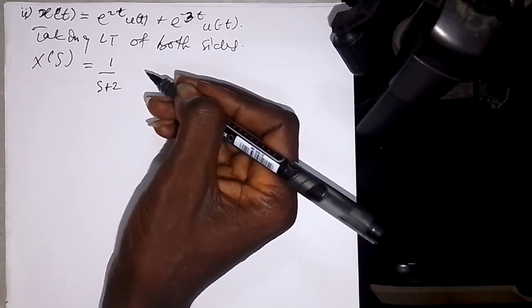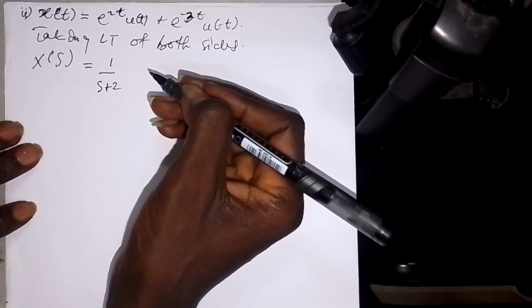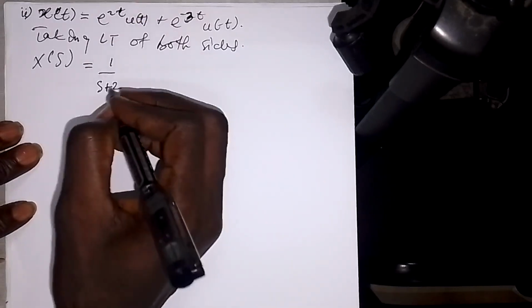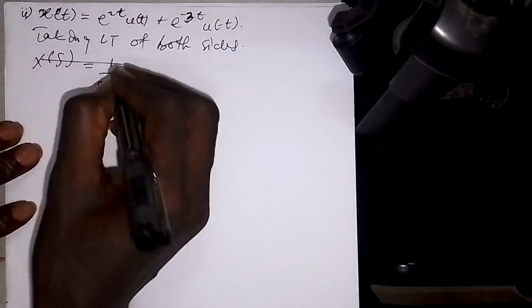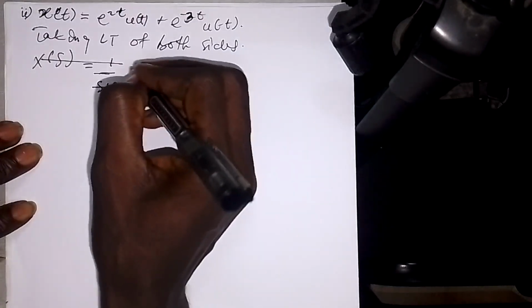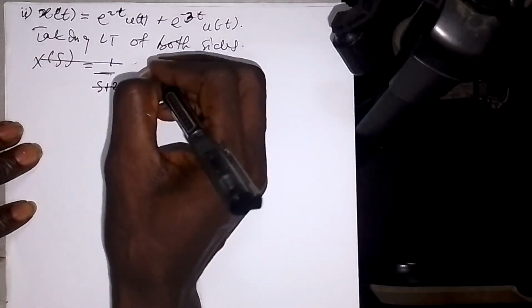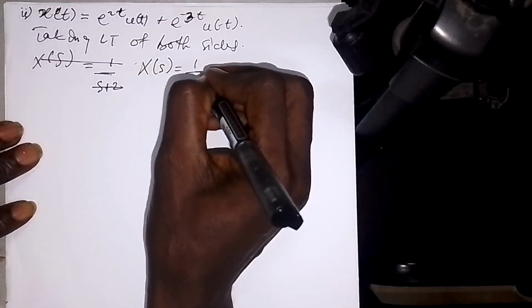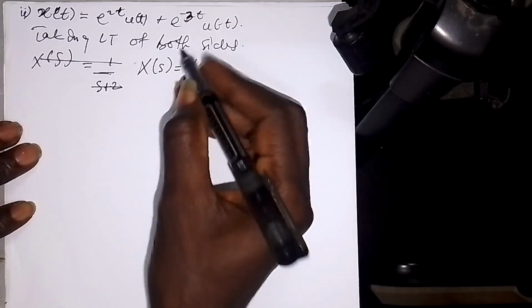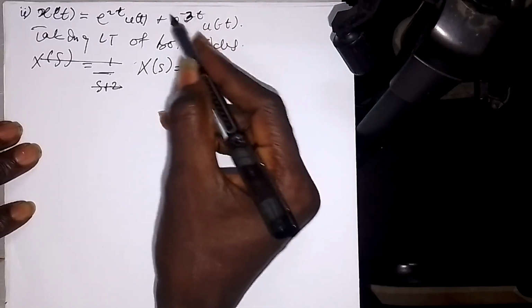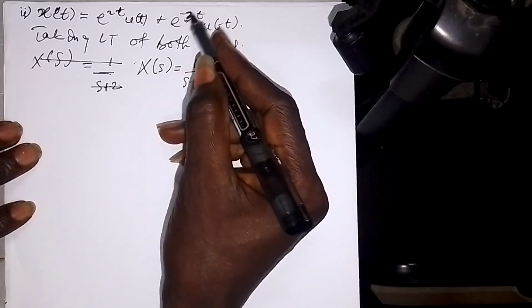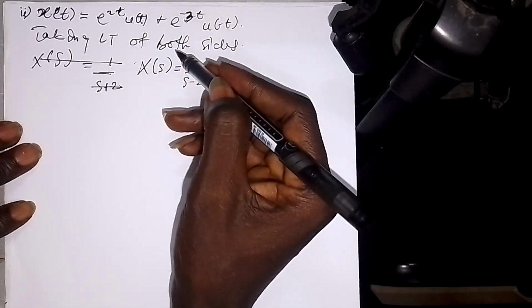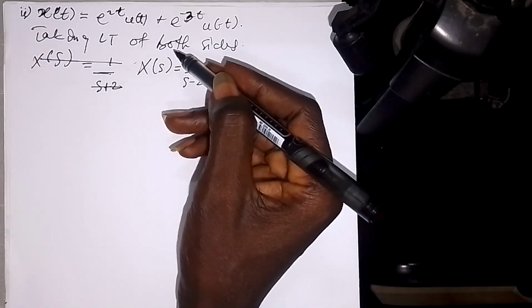If I take the Laplace transform on this side, I'll not get s plus 2. Sorry, let me cancel here. So x of s is equal to 1 over s minus 2.